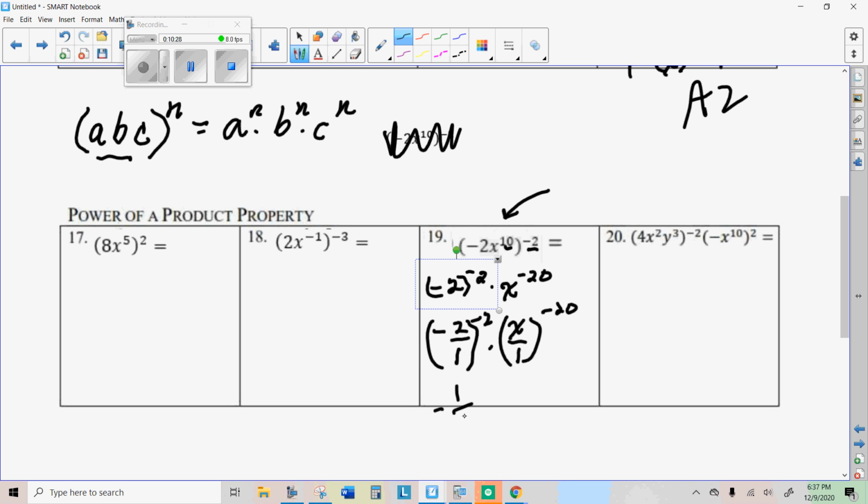So when I flip negative 2 over 1, I get negative 1 over 2 squared. And 1 over x, that's going to be to the positive 20th. You know 1 to the 20th is just 1, so let's just put that 20 there on the bottom. And negative 1/2 times negative 1/2 is positive 1/4.